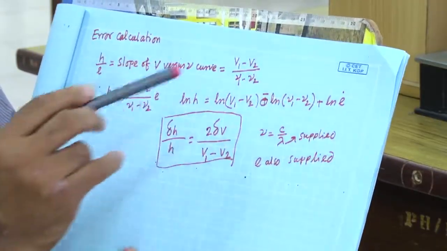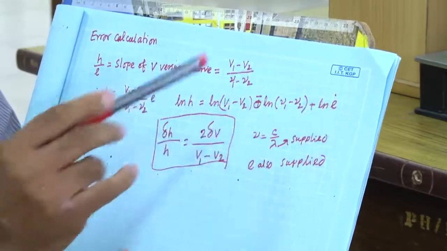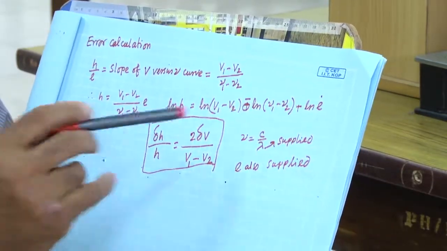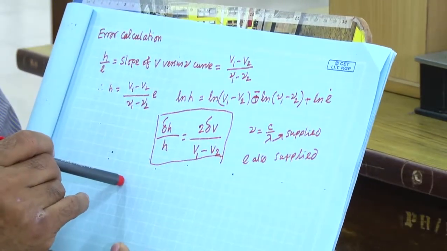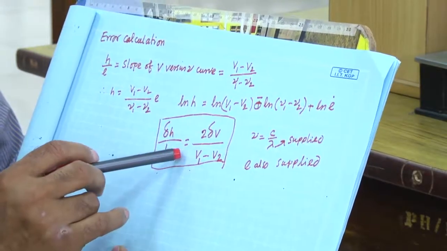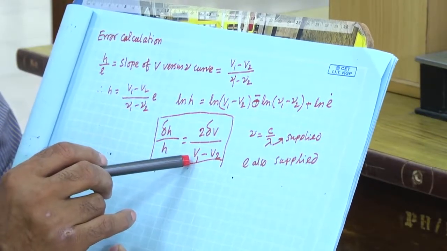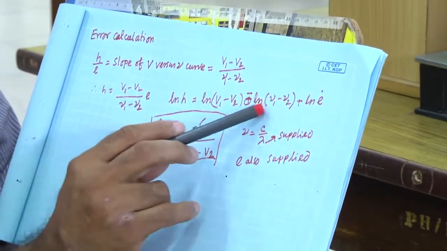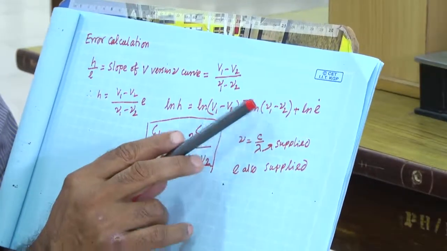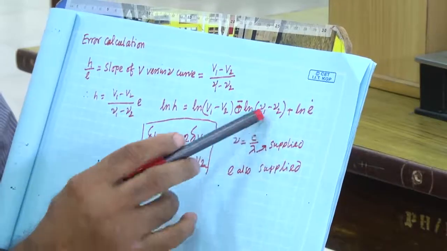So, take the log and then find out the error. Because e is a supplied value, there is no error from that e. So, you will get basically 2 del V by (V1 minus V2), and the frequency also will not contribute, because we are calculating nu from the supplied lambda, so we are not measuring it.